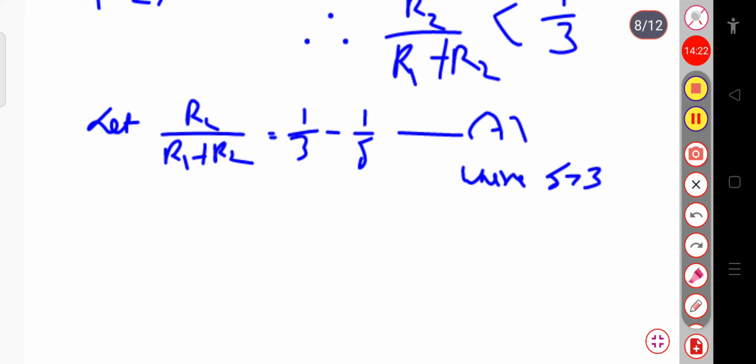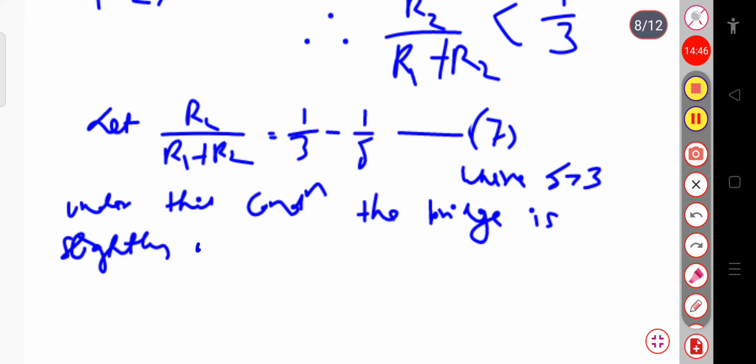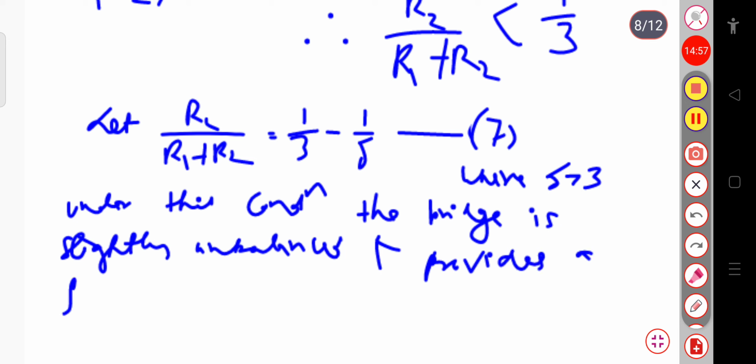So under this condition the bridge is slightly unbalanced, because here we have considered a very small term, that is delta. So the bridge is slightly unbalanced and provides a feedback voltage.